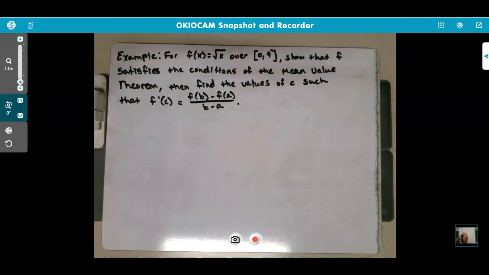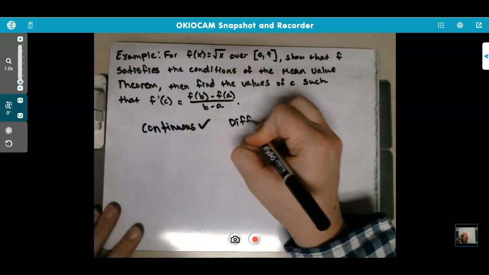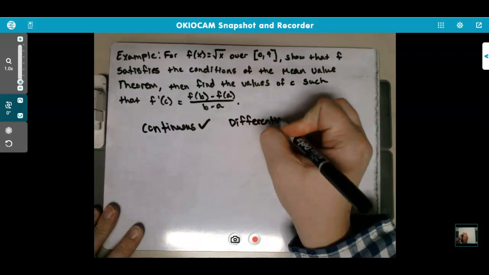Well, since that's where my domain is going to start, then that's fine. So it is continuous, again, because the restriction does not apply to the part of it that I want right here. And then I can take the derivative of that and plug in anything inside of here, right? So that is also differentiable. So we're good.